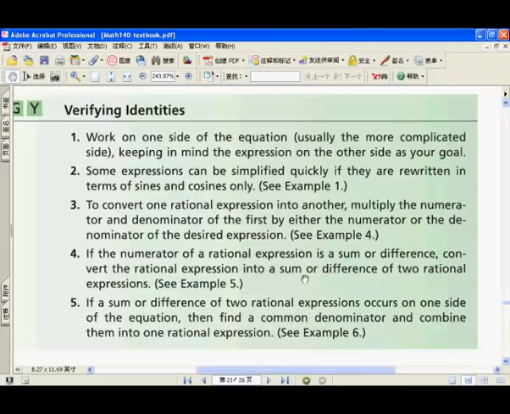And we will see some example about this step. And step 5, if a sum or difference of two rational expressions occurs on one side of the equation, then find a common denominator and combine them into one rational expression. And we also will see one example about this step 5.